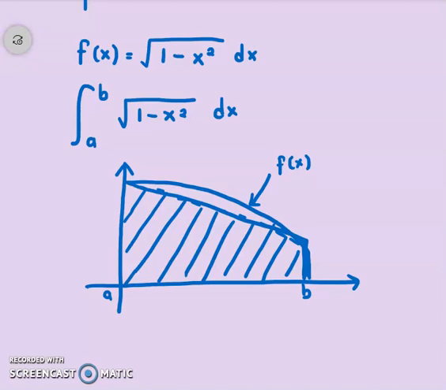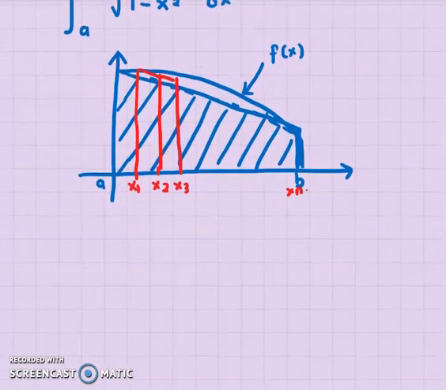However, we can divide this interval into n sub-intervals, x1, x2, x3, up to xn, which is my xb. So that's what we're going to look at: composite rules.